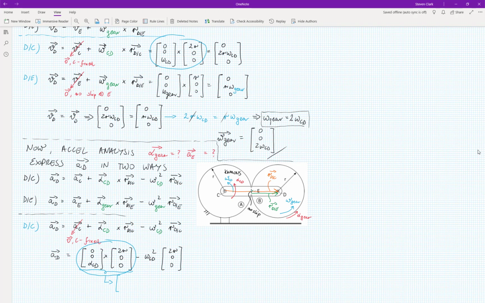So basically, I can just rewrite this vector in here. Do you see that? So in here, this will be 0, 2R alpha CD, 0. Okay? This will save some of your time on the exam. Just rewrite that vector and replace omega with alpha. Okay?